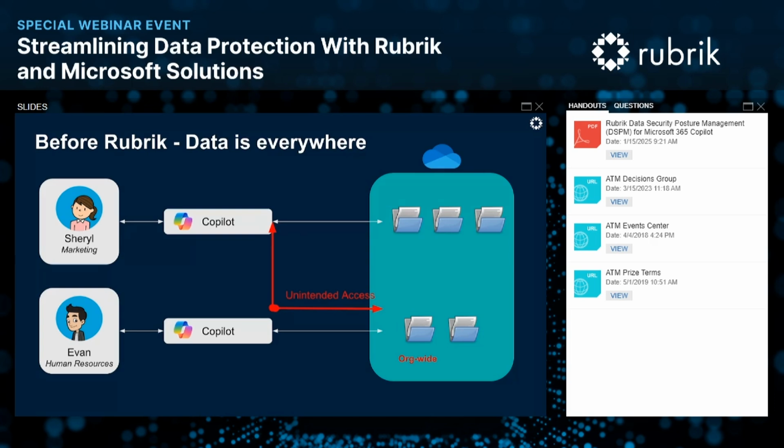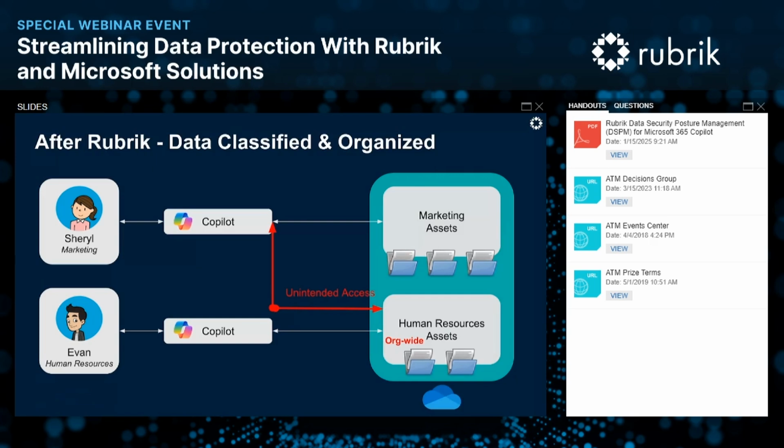Stage one, what we help our customers achieve is simple. It's difficult to achieve, but the result is simple and easy to consume data classification. So after stage one, we can know where we have our marketing data, where we have our most sensitive HR data, and it could be anything that is sensitive to the specific business.